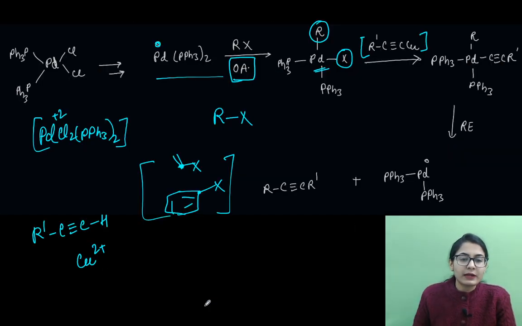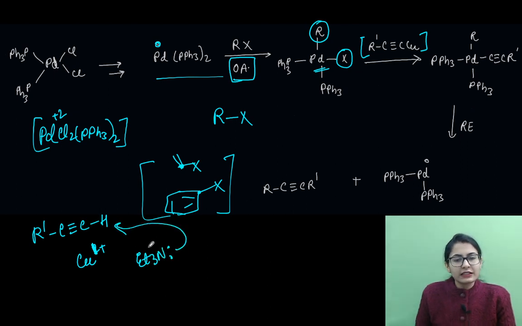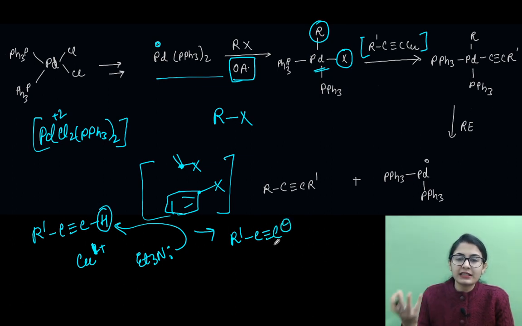No, you had copper 1 plus. Copper iodide tha. So copper 1 plus, right? How did that happen? So for that you have the triethylamine. It is not a very strong base, but your alkyne proton is also acidic, right? So it can donate the proton very easily, and it can form the alkynide anion, which is going to be stable with the copper cation, like this.